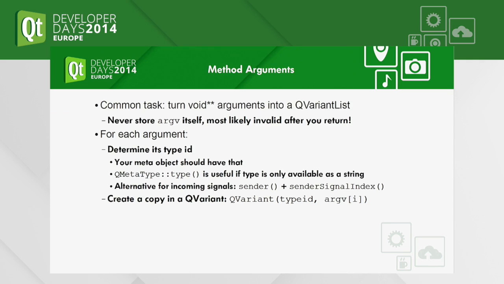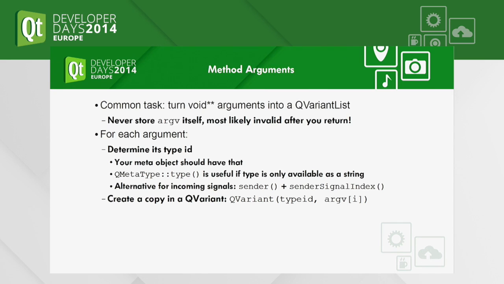So the general approach is you iterate over all the arguments, which means you need to know how many there are. Your MetaObject should know that. You determine the type ID. Again, your MetaObject should know that. There's one special case, that's the signal spy I mentioned earlier. We'll see that it actually doesn't have a MetaObject that knows the exact slot signature.